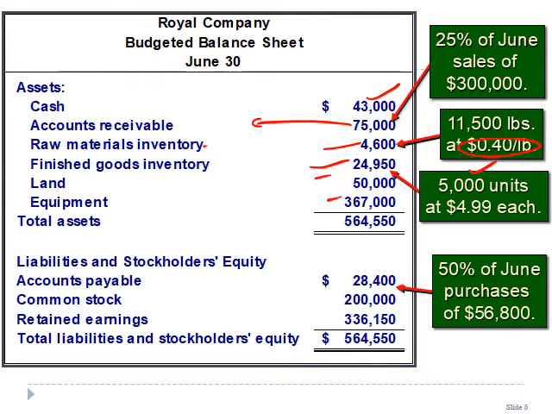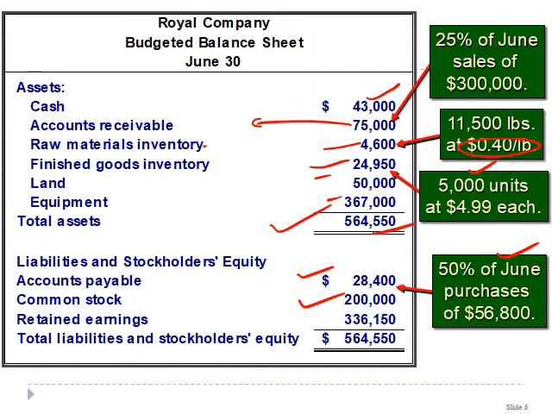Land and equipment is here. So our total assets is 564,550. And on the liabilities and equity side, we have accounts payable. It means 50% of June's purchases is to be paid in July, so that is accounts payable. We still have to pay that, the outstanding 28,400.